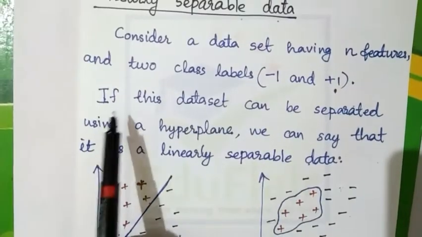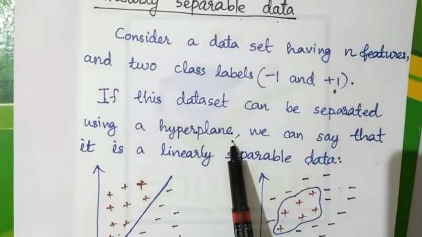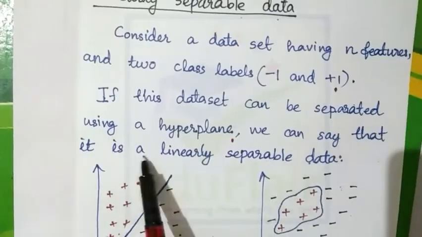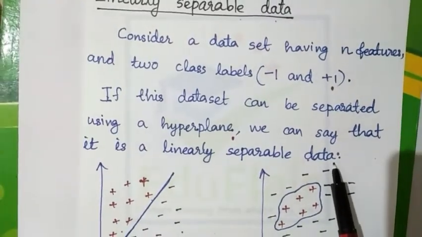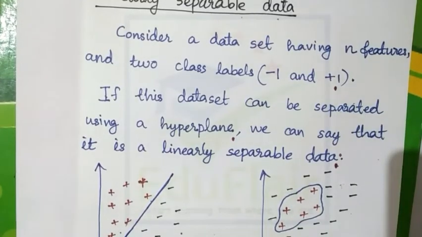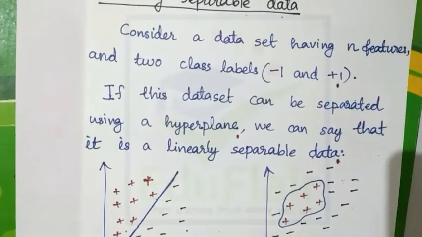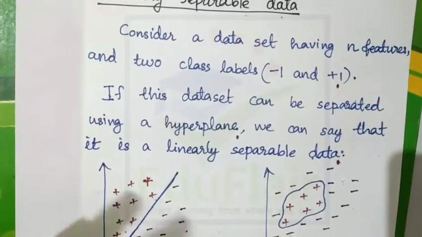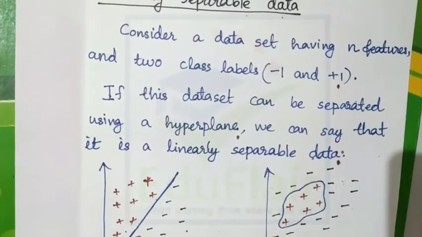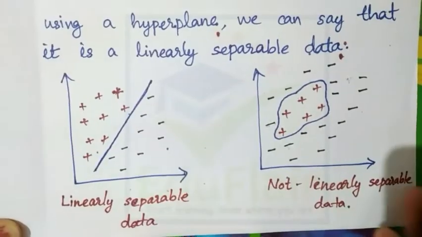Now, if this dataset can be separated using a hyperplane, we can say that it is linearly separable data. So, we have learned what a hyperplane is. So if we can separate the samples of the 2 class dataset into two using this hyperplane, we can say that our dataset is linearly separable data.